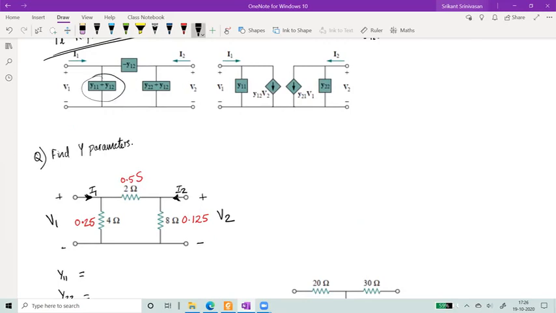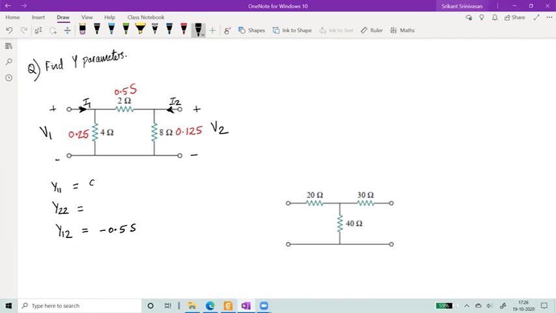So if I want to have Y11, then it is this value minus Y12. Okay. So Y11 is 0.25 plus 0.5. Because we said that this is minus Y12 and we want to add plus Y12. So this is going to be this.